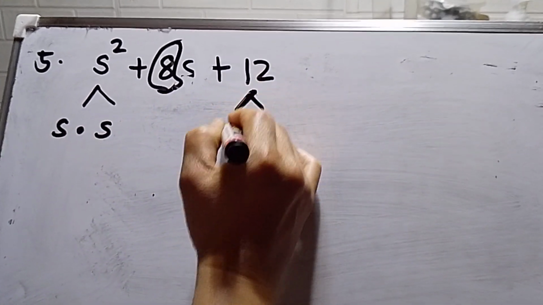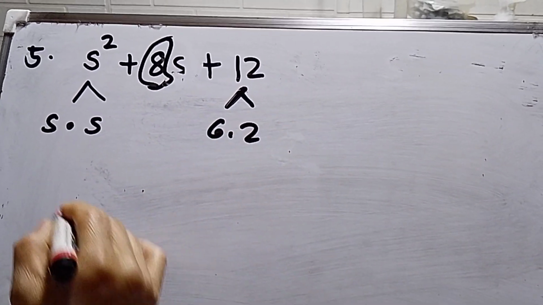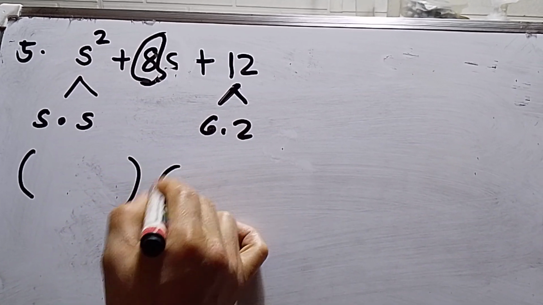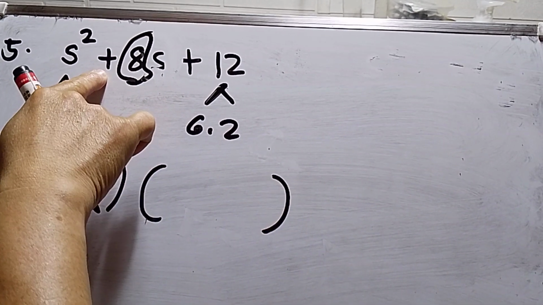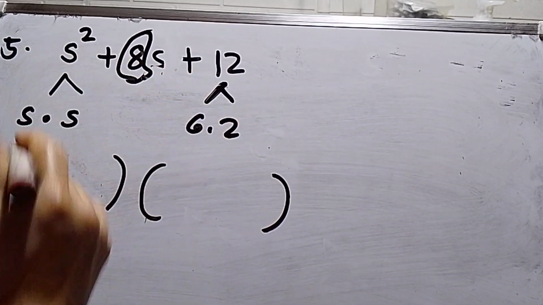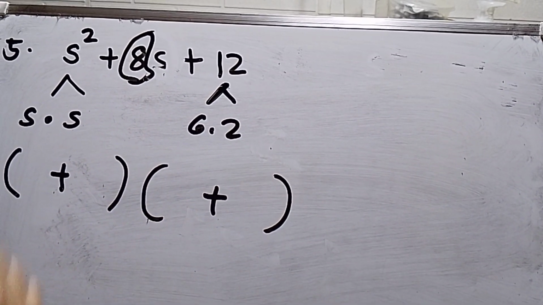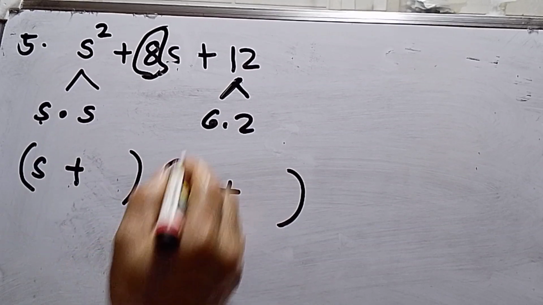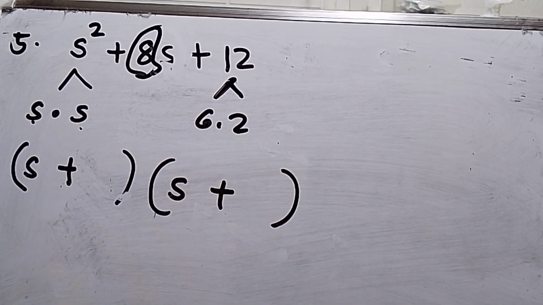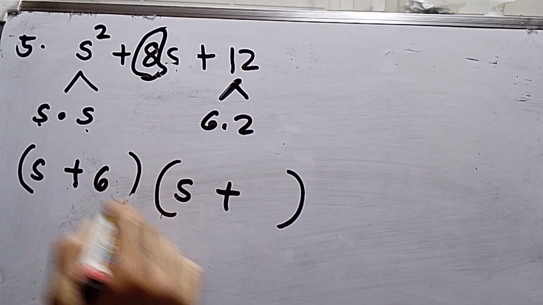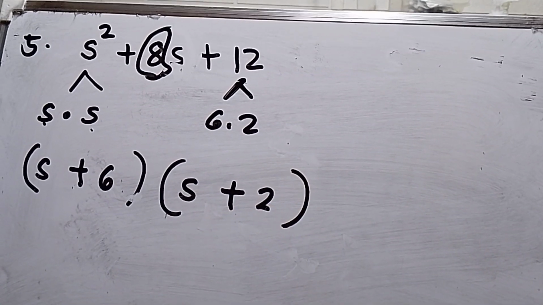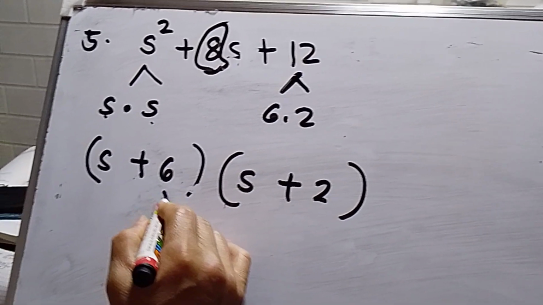So this will be 6 and 2. Since the sign in the middle term and the last term is positive, so all the factors are positive. So we'll use in here, so s, and this one also is s, and then this will be 6, and then this is 2. Try to check if the middle term is correct.